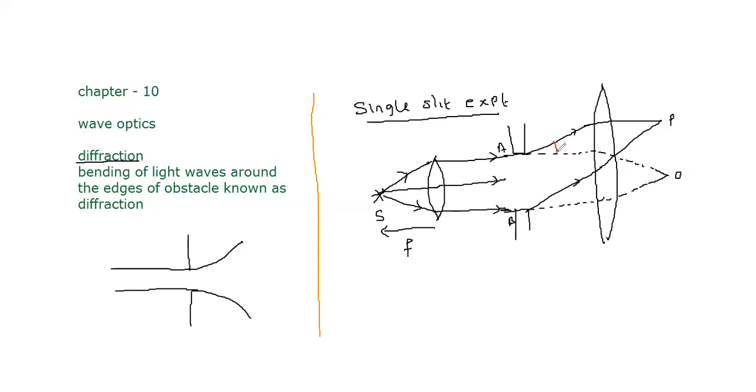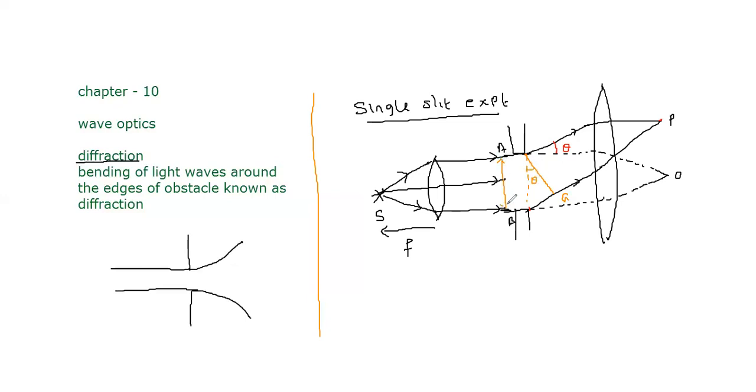Theta is the angle between these two. One wave from A reaches the point P, one wave from B reaches the point P. So which wave travels the extra distance? B travels the extra distance. So we draw a perpendicular line and take the point as G. So this angle is also theta.